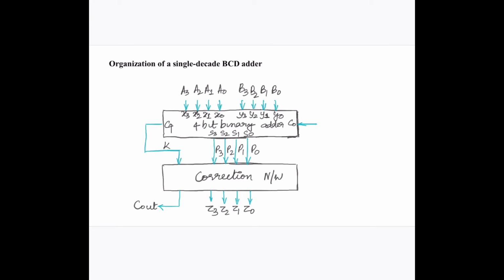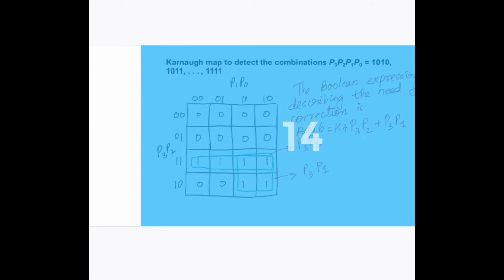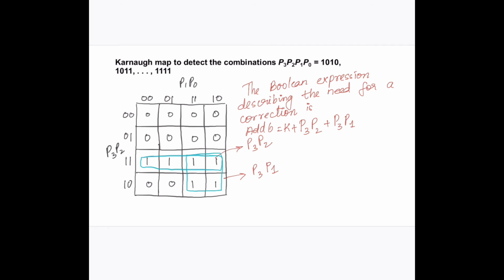So this is the organization of a single decade BCD adder. After obtaining the result of the addition, this is the output from the BCD adder. You have to pass it through a correction network in order to get the required BCD. Also for the truth table of the expression, we can draw the truth table and consider the values from 0 to 15.